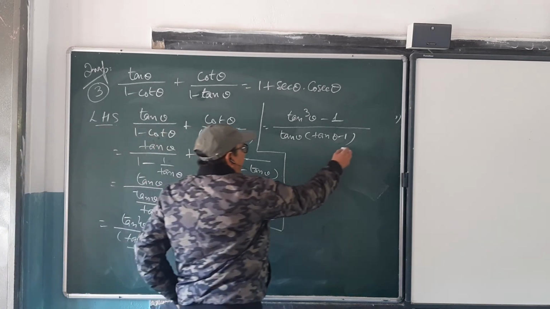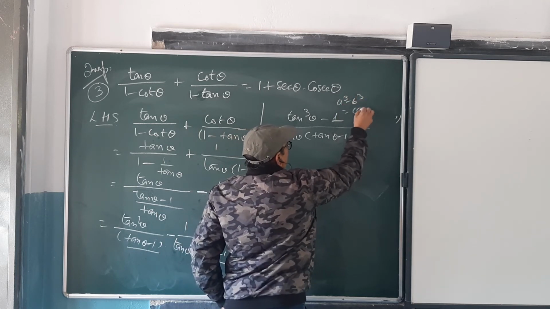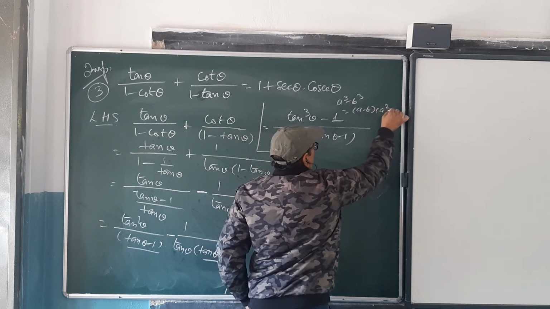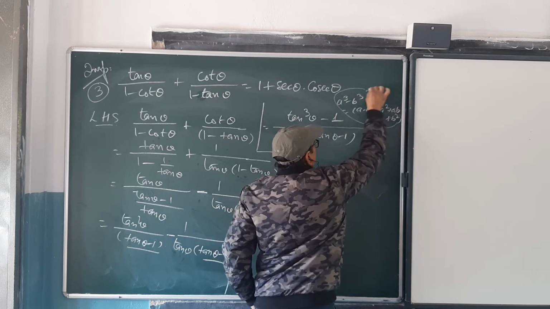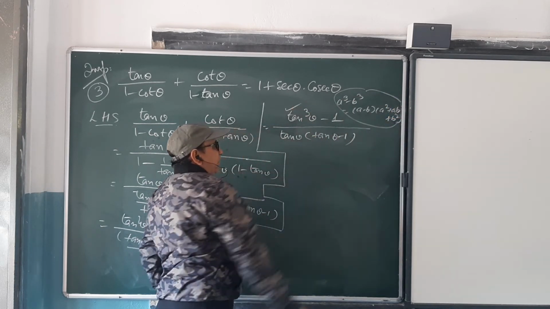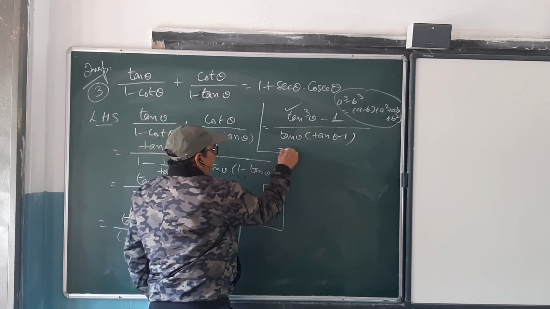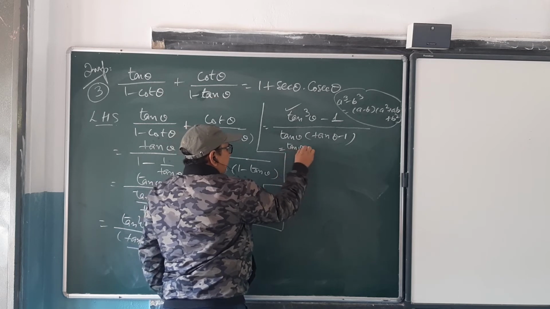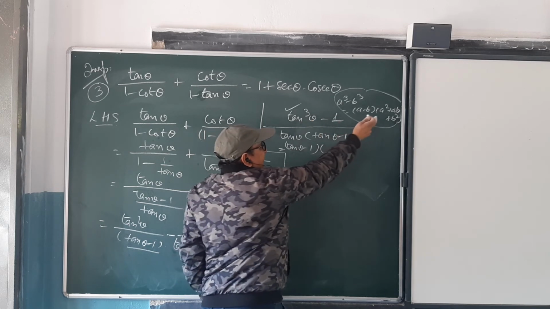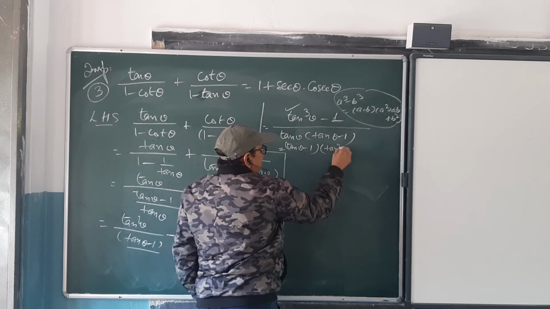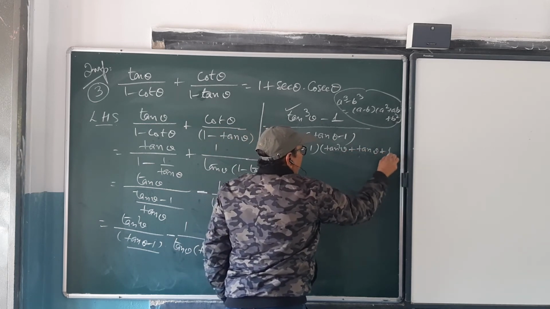Then apply the identity of a cube minus b cube. What is that? a minus b, a square plus ab plus b square. As you know, the identity we apply here to tan cube theta minus 1. So write here tan theta minus 1 and a square, so tan square theta plus ab, plus tan theta, and plus 1.